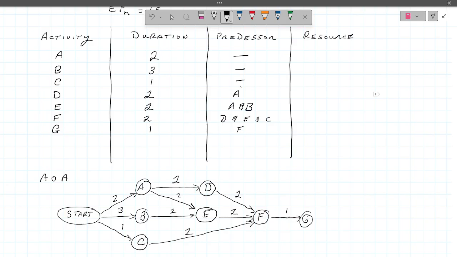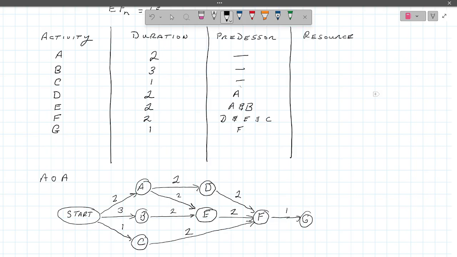What's the critical pathway? You'd have to sit here and do the math to go through it. Literally 1, 2, 1. So that's 4. B to E to F is 5, 7, 8. 2, 4, 6, 7.